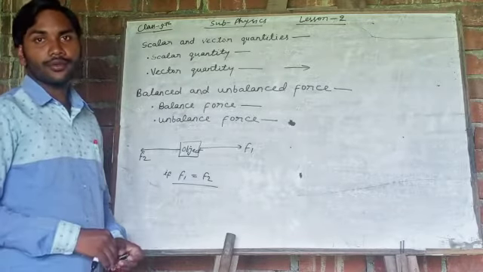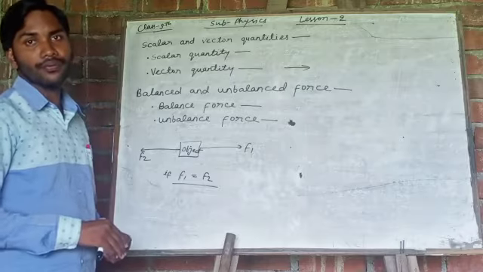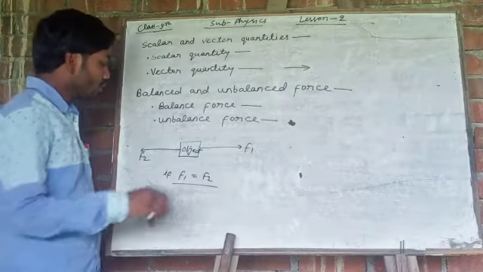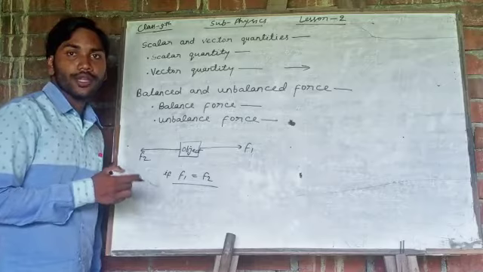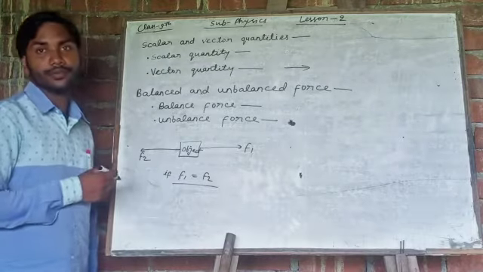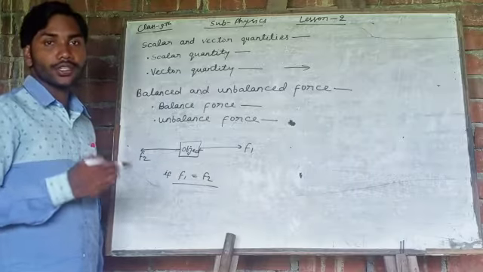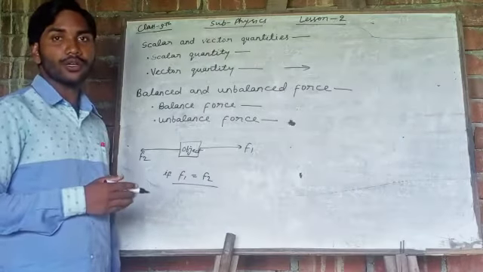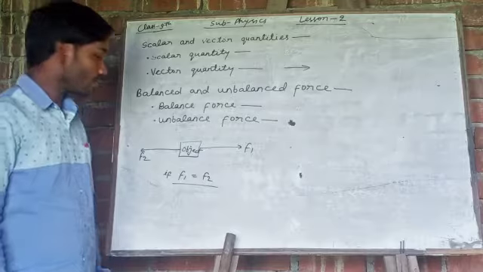So we can say that the effect of balanced force, first one, that it cannot change the position of the given object, but it can change the shape and size of the soft object.